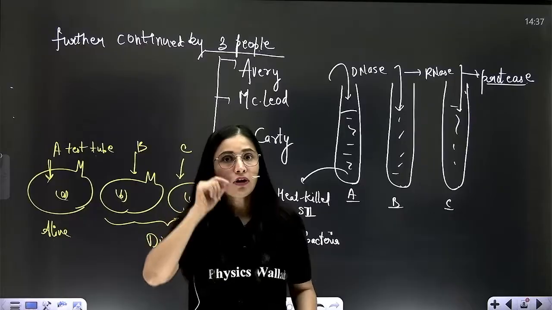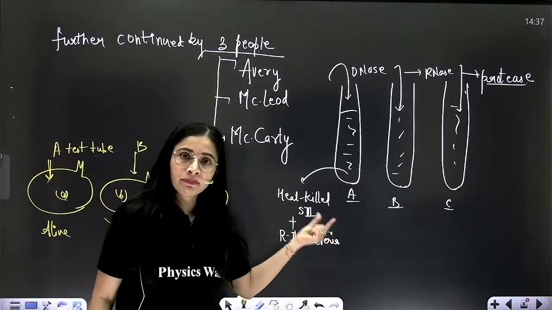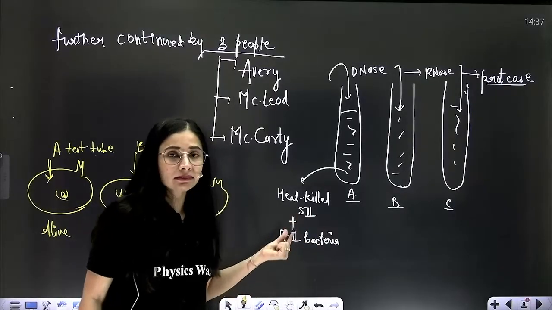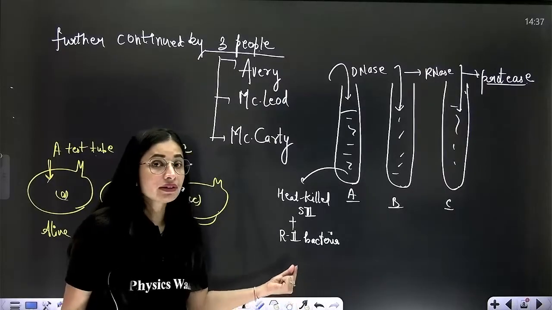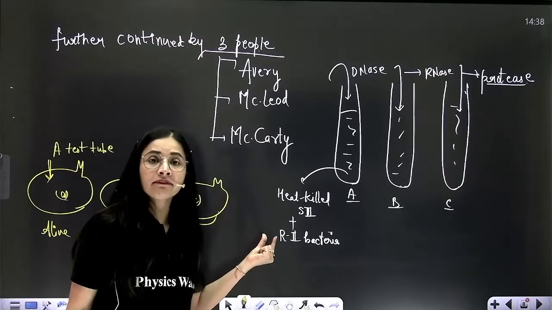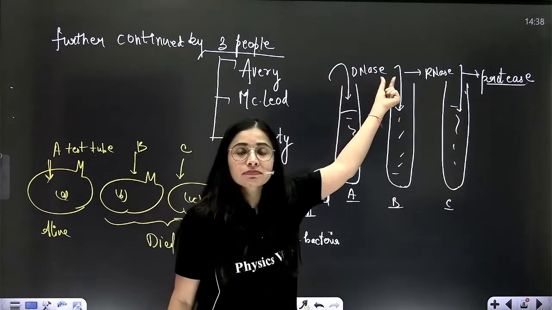How? Now beta, this heat-killed S3, what will it do in the medium? It will release its genetic material, and then that genetic material will be picked up by R2. Now, if that genetic material is DNA, as soon as the DNA comes into the medium, the DNase enzyme is present.